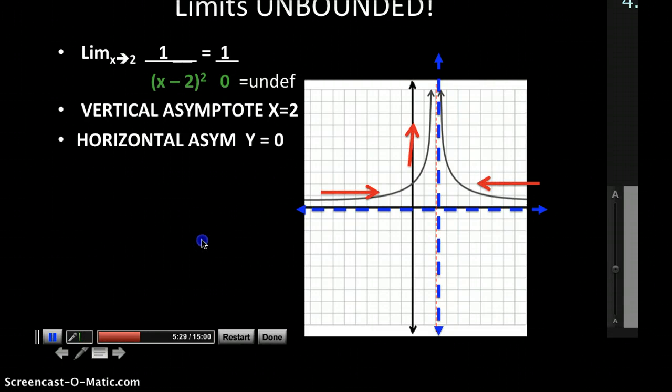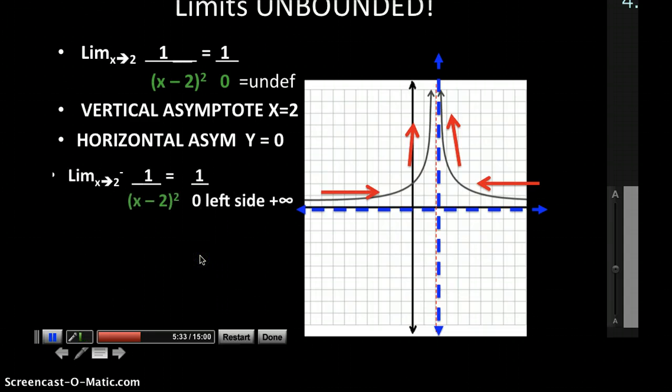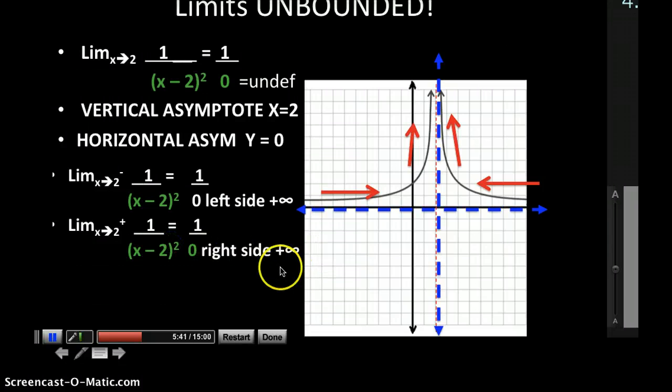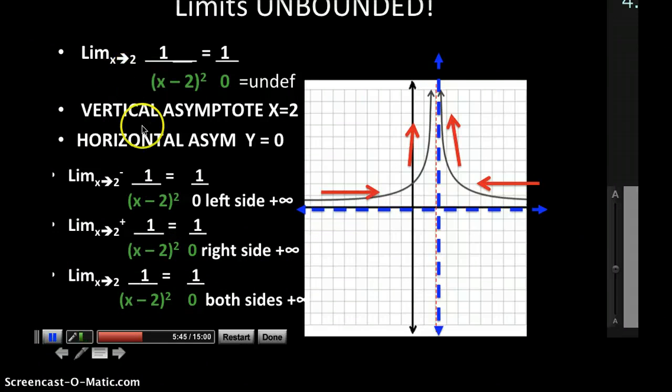As we get close to 2, we end up going to positive infinity on the left side with the negative there, and the right side to positive infinity, and together the limit, which is the original problem, is positive infinity. They're both going to positive infinity. So they agree on that.